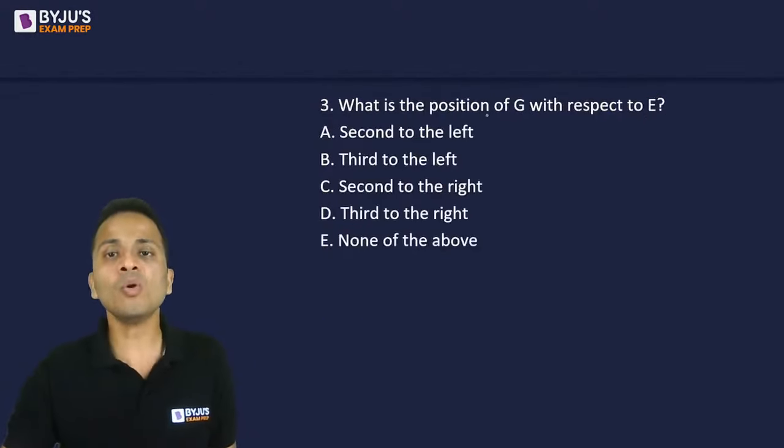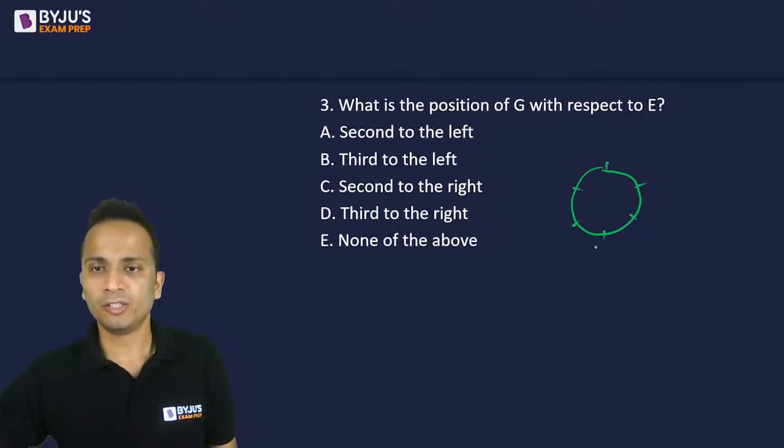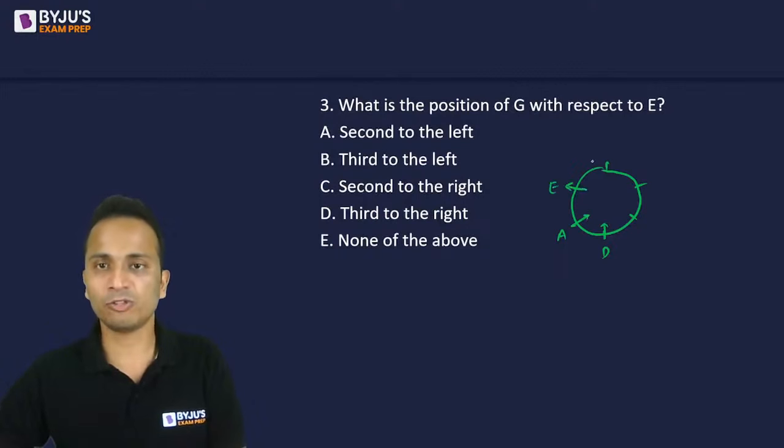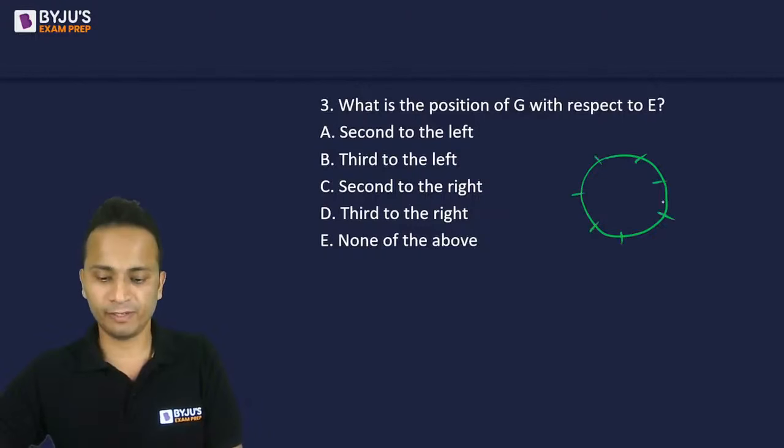Question number 3. What is the position of G with respect to E? I'm just giving time, however much time I take to draw. Okay. So D facing inside. I have the picture. So A inside, E outside, B. Oh, I made it wrong. I made 6 chairs. 1 2 3 4 5 6 7.